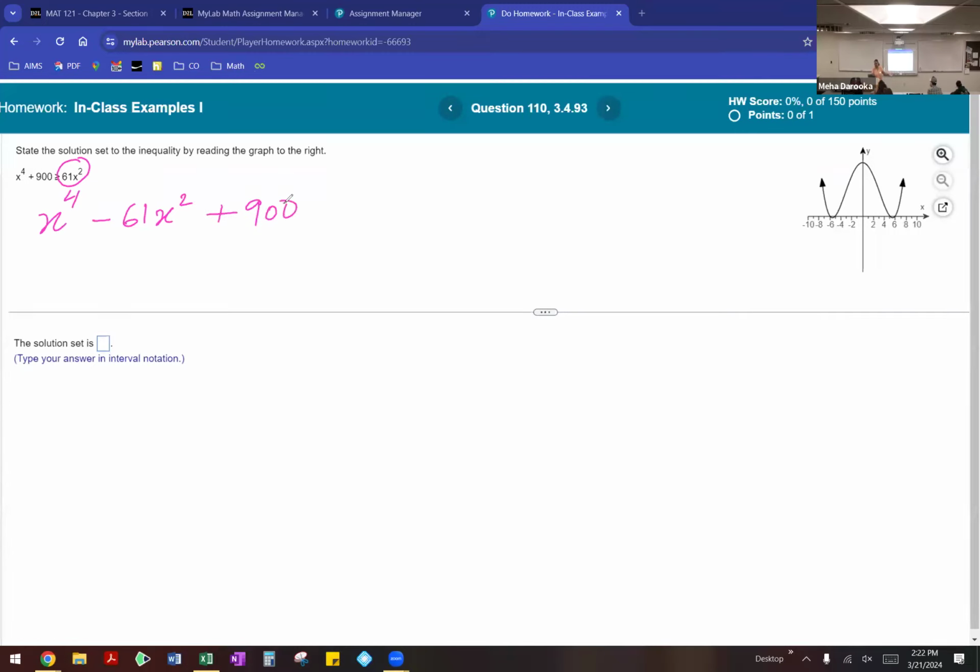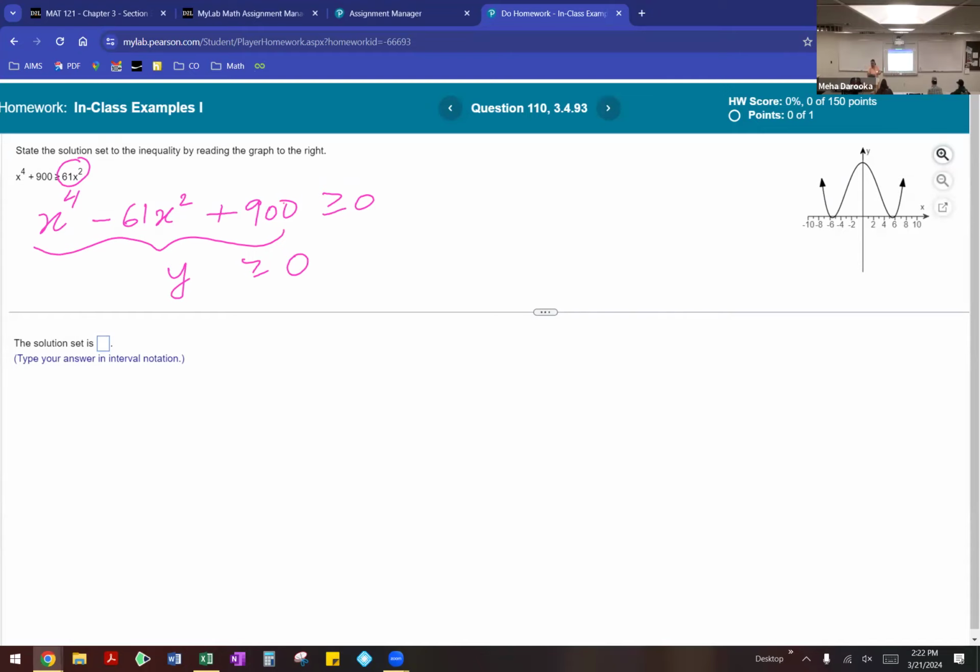And since we moved the 61 x squared, you will end up with greater than or equal to 0 on the right-hand side. So that's basically telling us if we think of this as y equals this expression, x to the fourth minus 61 x squared plus 900, we're basically saying where is your y value greater than or equal to 0. Now, last time the example we had seen was just greater than, but this one is doing both greater than and equal to.